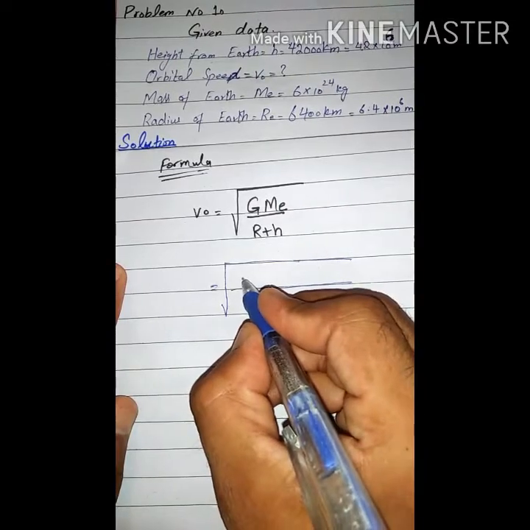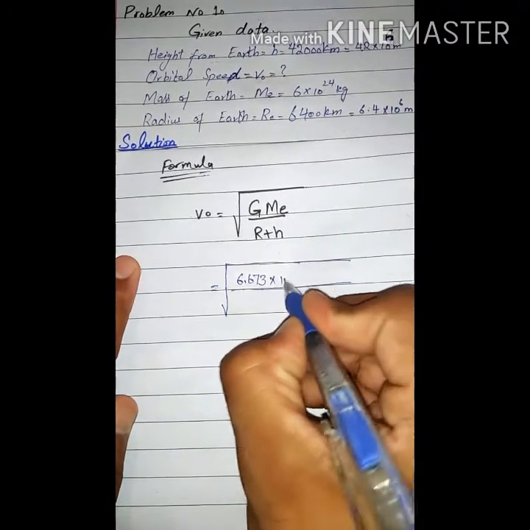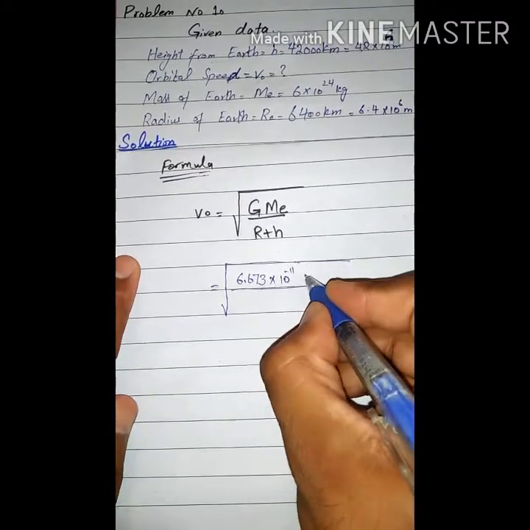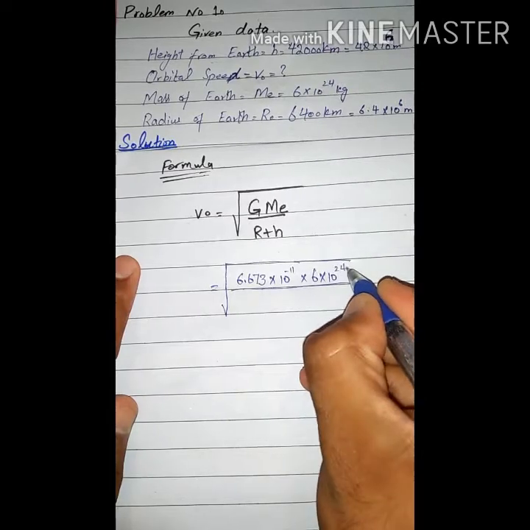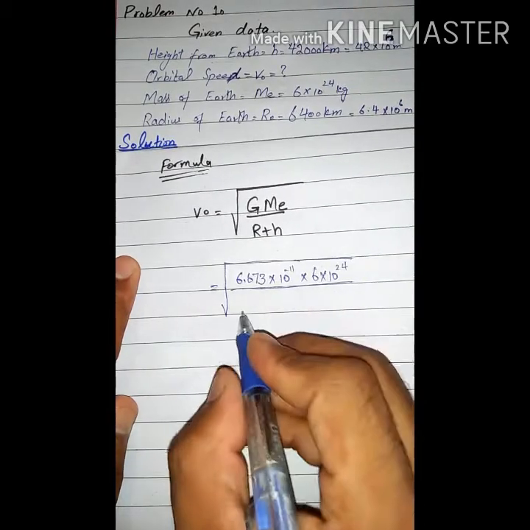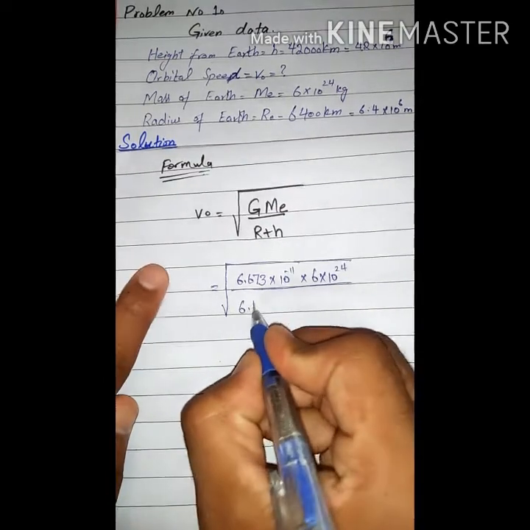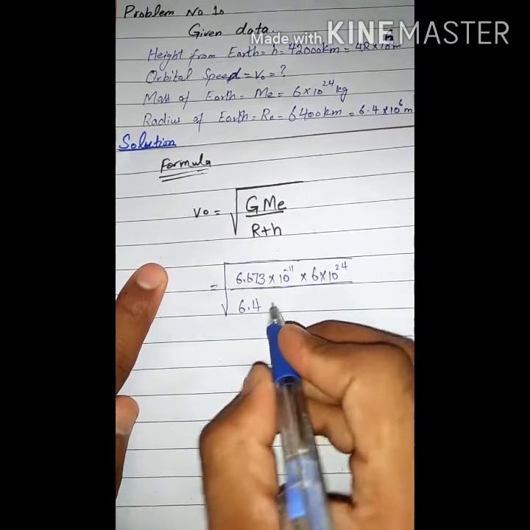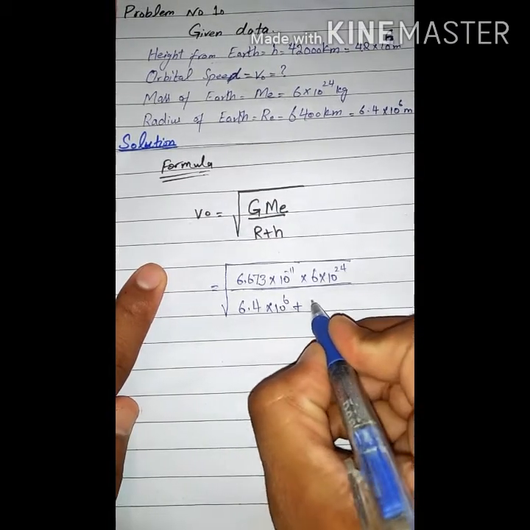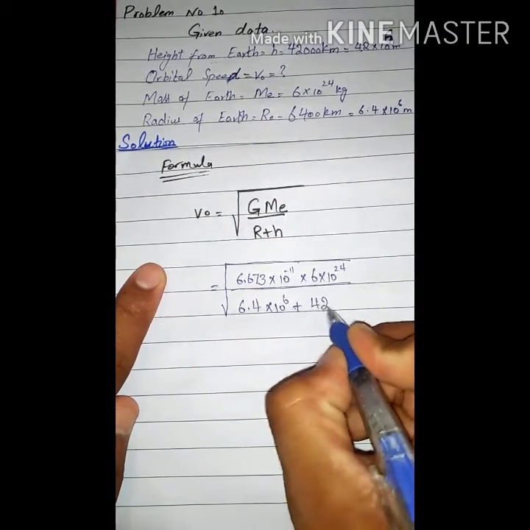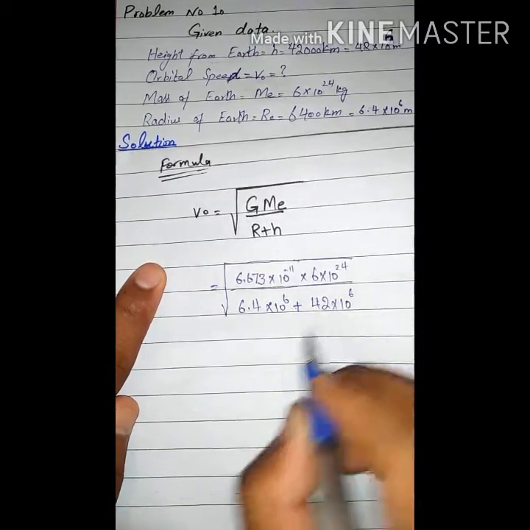We know very well that the value of G is 6.673 multiplied by 10 to the power minus 11, multiplied by 6 multiplied by 10 to the power 24. Clear? Now the radius of the Earth is 6.4 multiplied by 10 to the power 6 plus 42 multiplied by 10 to the power 6.